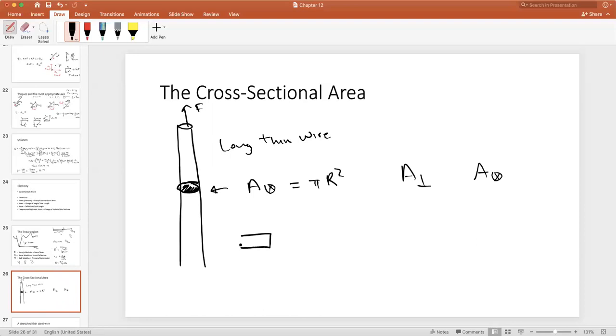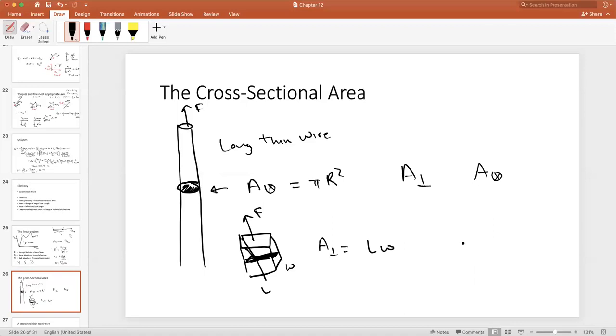So if instead we had like a block, right? And same thing, we're pulling on this face of the block with a force, then the cross-sectional area would just be this, right? So it would be the length times the width. If this was some length and this is some width, it's just the perpendicular area to the force, okay?